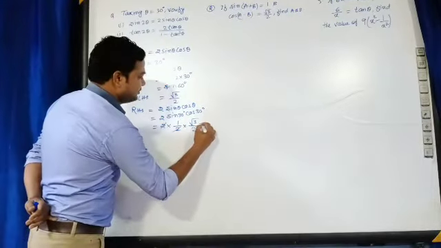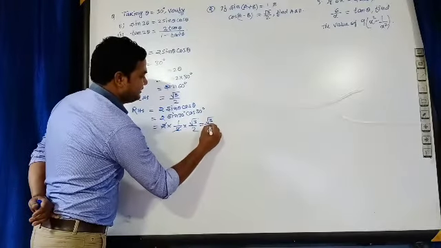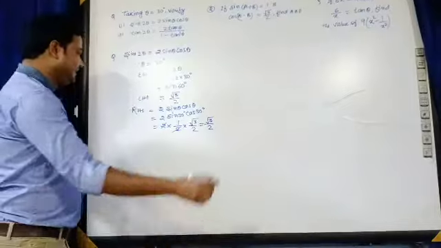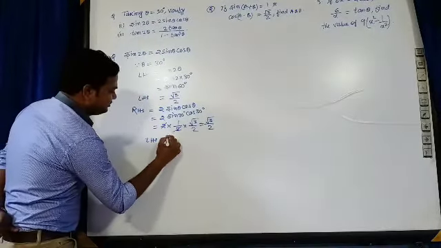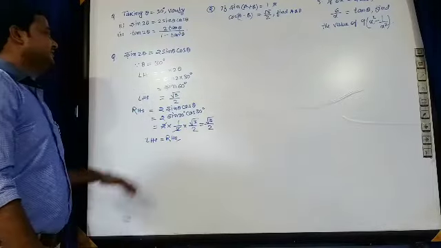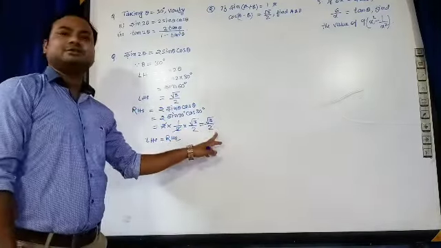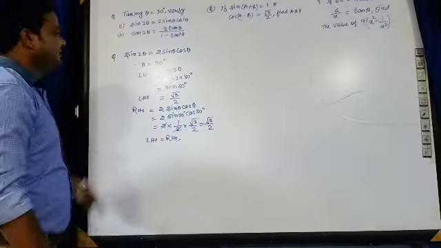It means the value is root 3 by 2. Now LHS is equal to RHS. LHS is root 3 by 2, RHS also, hence verified. Now move to the second part.